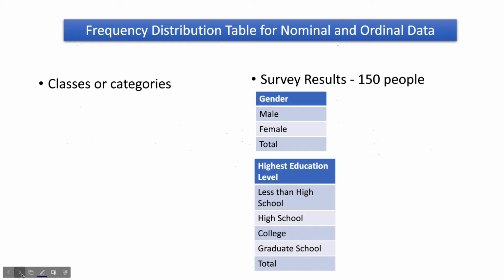First, let's say we surveyed 150 people. We asked for their gender and highest education level. On the left, we list the categories. So for the categories, we have gender here, and we list male and female. And then we also have the highest education level, where we list out the categories for education.